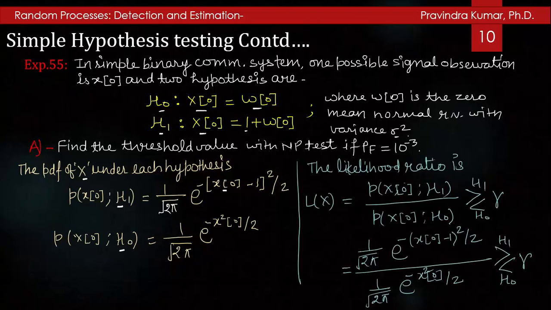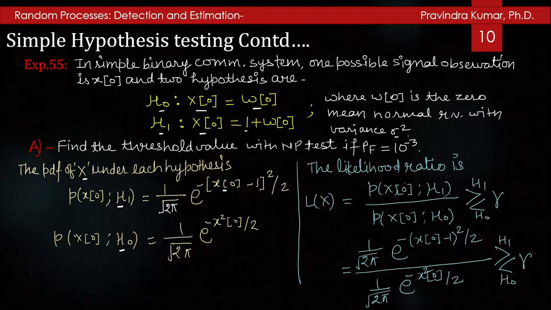So the likelihood ratio test will be L(x), the PDF of x naught when H1 is true divided by the PDF under hypothesis H0, greater than or equal to gamma.